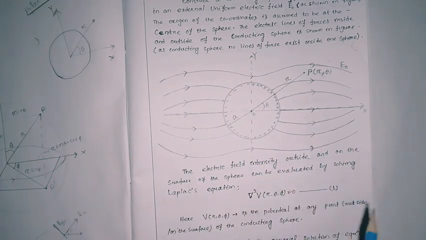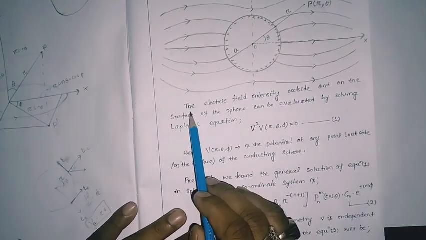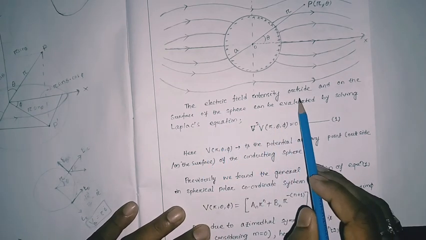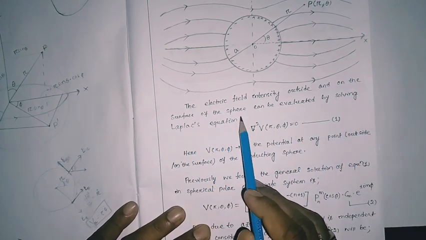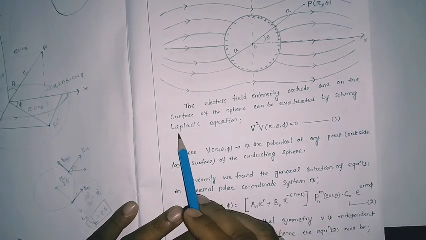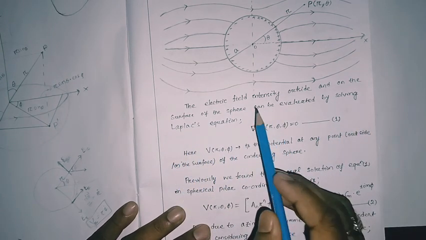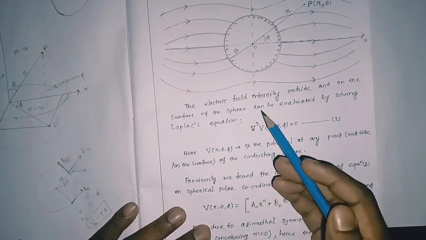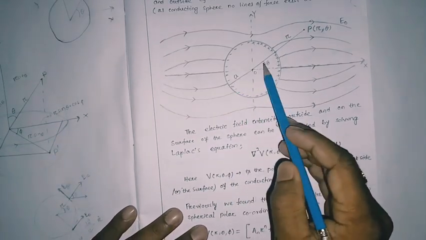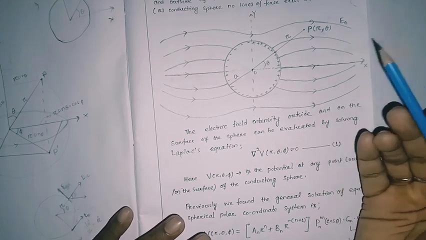Just carefully draw this figure. Now, the electric field intensity outside and on the surface of the sphere can be evaluated by solving the Laplace equation. Here I have not written inside, because there are no lines of force, meaning there is no potential inside the sphere.